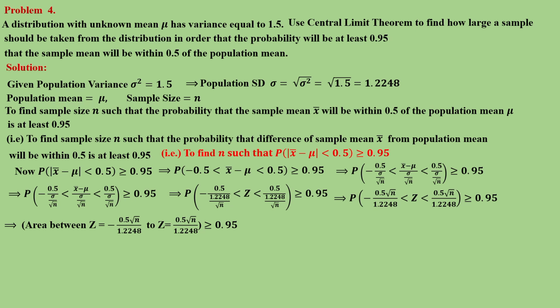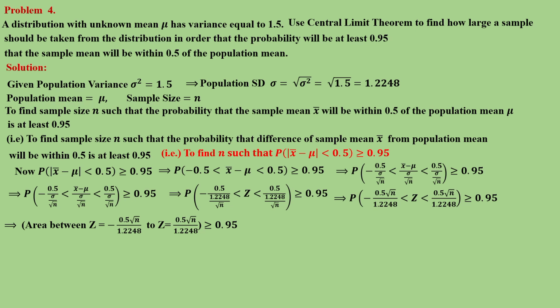So this is nothing but the area between z equal to minus 0.5 root 10 divided by 1.2248 to z equal to 0.5 root 10 divided by 1.2248, which is greater than or equal to 0.95.